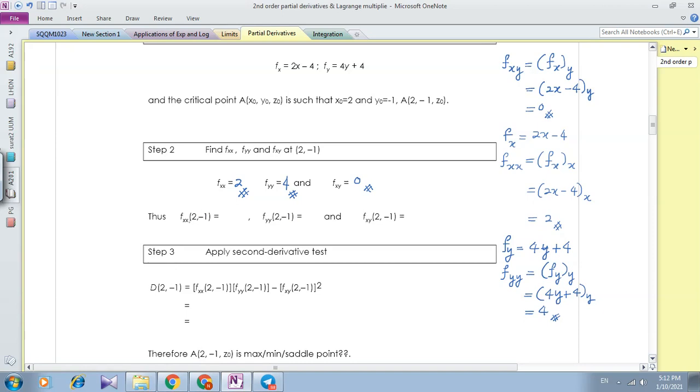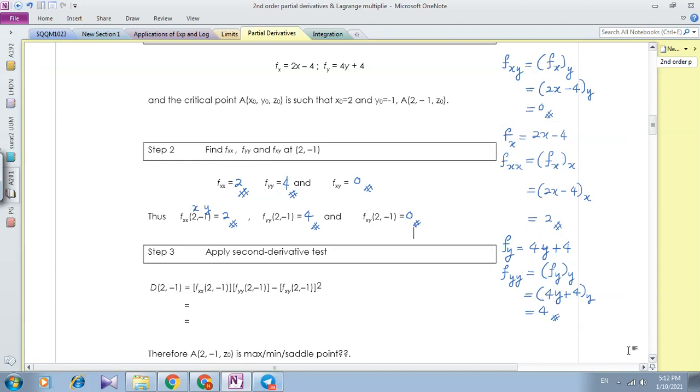We are trying to insert these two values into the second order partial derivative, but since it's a constant, we can never replace x and y in the constant. So fxx will remain as 2, fyy will remain as 4, and fxy will remain as 0.